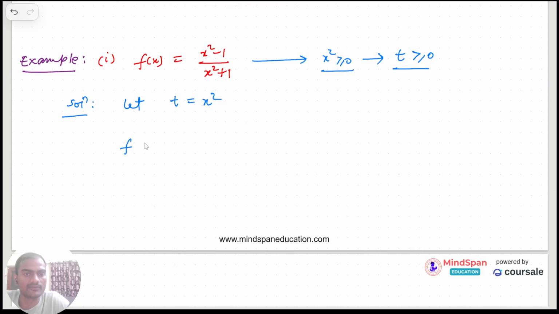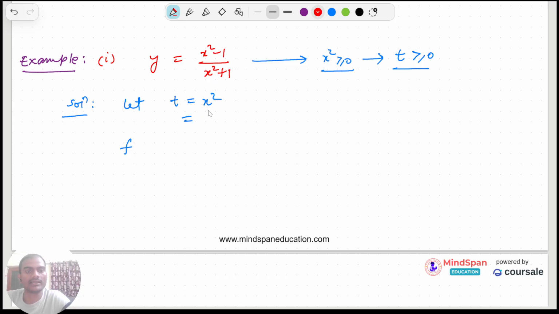So if we solve this, let's write it in the form of y, otherwise we will not be able to do cross multiplication. y equal to (x square minus 1) over (x square plus 1).